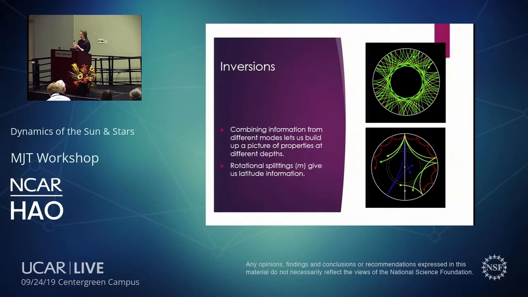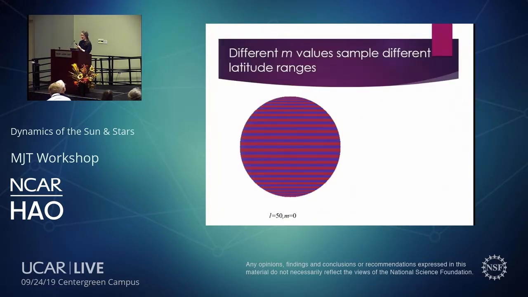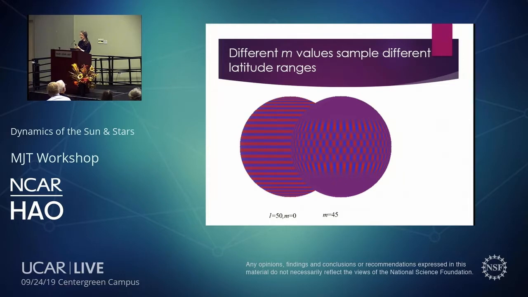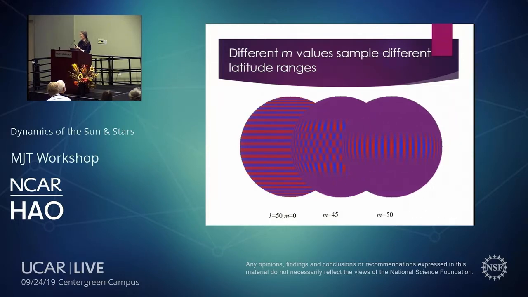So the degree gives you a depth dependence, and the rotational splitting is what happens because the rotation lifts the degeneracy between modes of different m. And the modes of different m sample different latitude ranges, and so you can build up a two-dimensional picture of the rotation. How do you describe this mathematically?